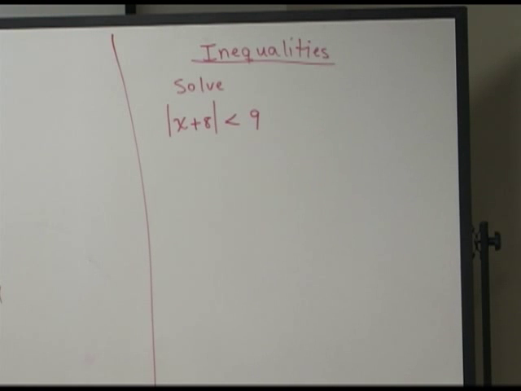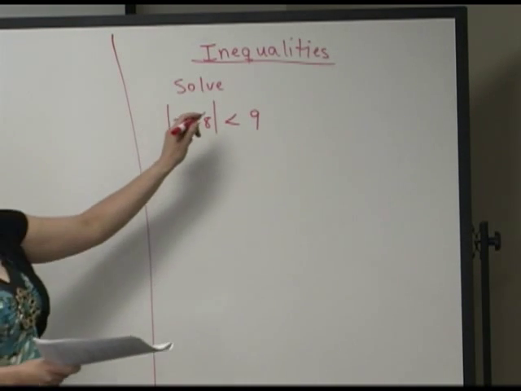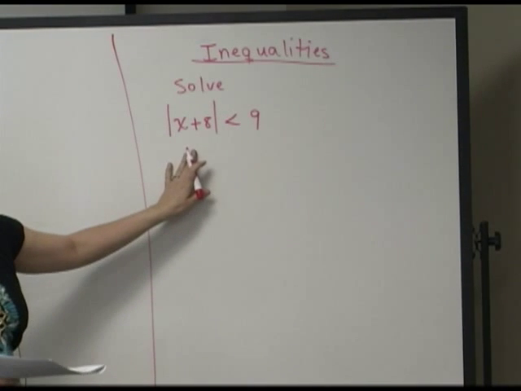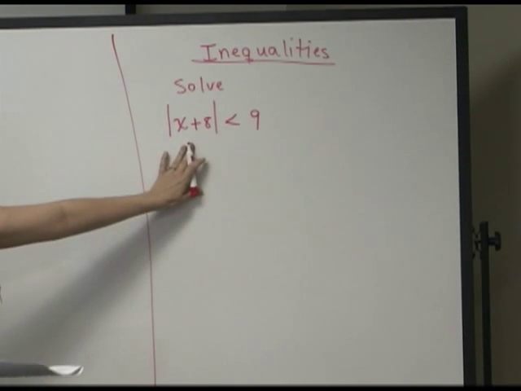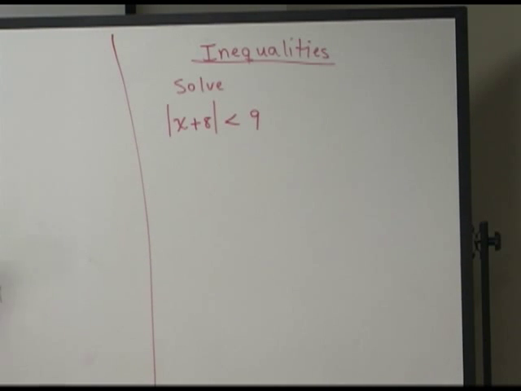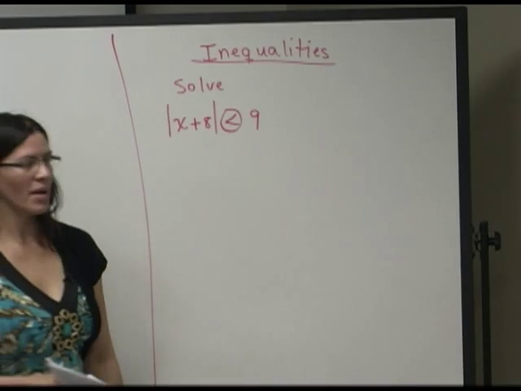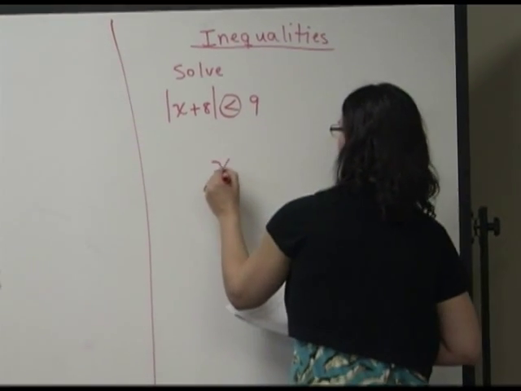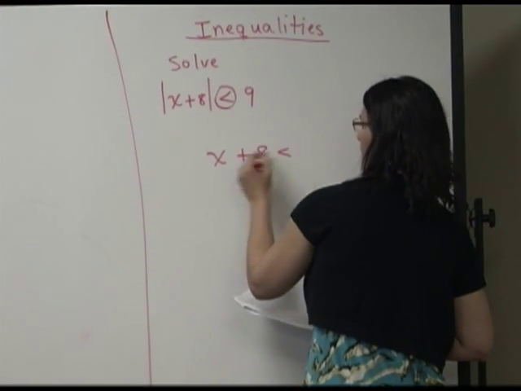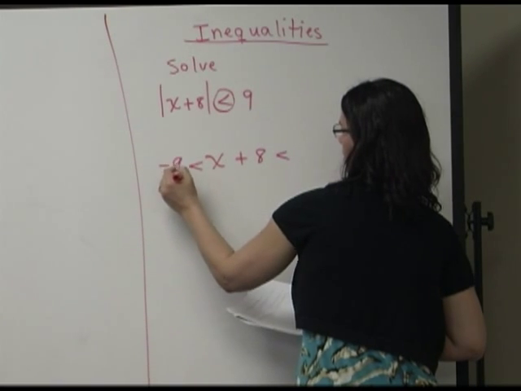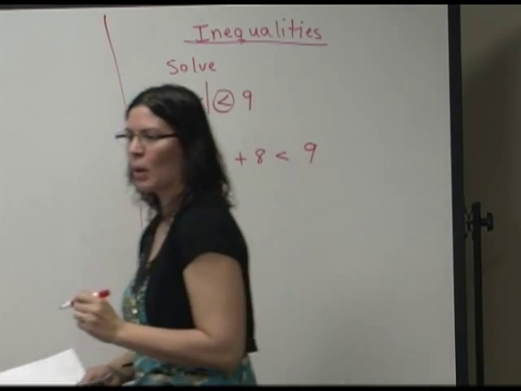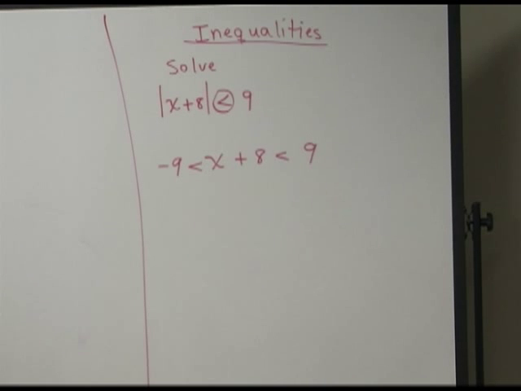So you look at the sign, that's the first thing you look at. First you have to isolate that absolute value, just like in the equations. But now, if it is less than, that basically gives you an AND compound. That will be an AND, and that's what you solve.